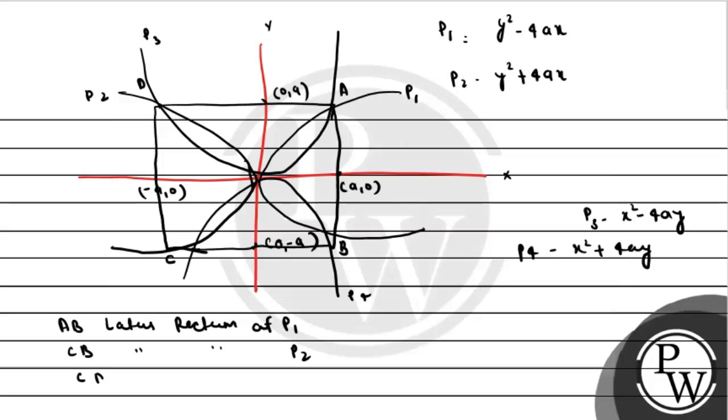Then CD latus rectum of P3, and at the last DA latus rectum of P4. Okay, and we know that the length of a latus rectum is 4a. So each side of this square will be 4a. Okay, all these latus rectums will be 4a.